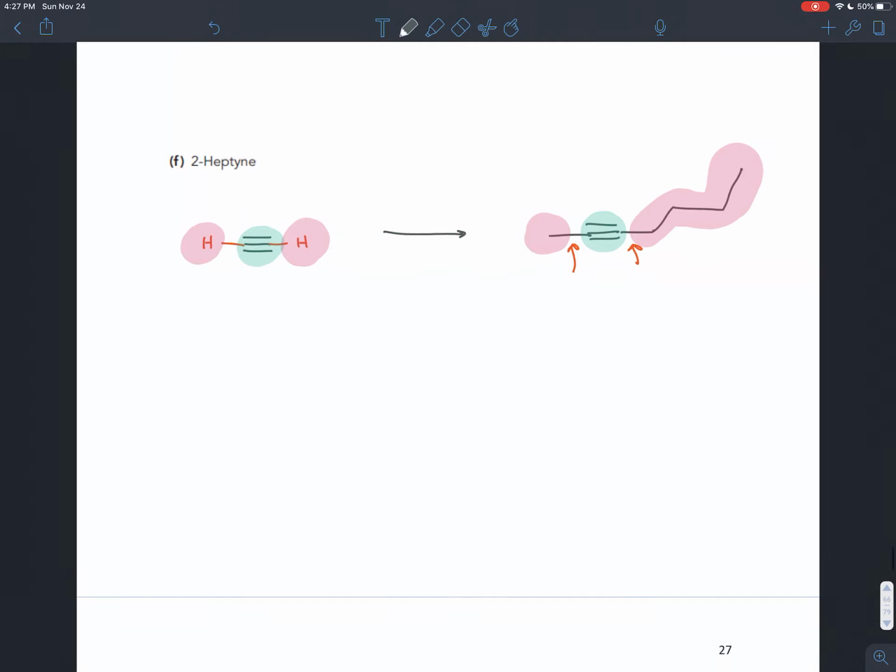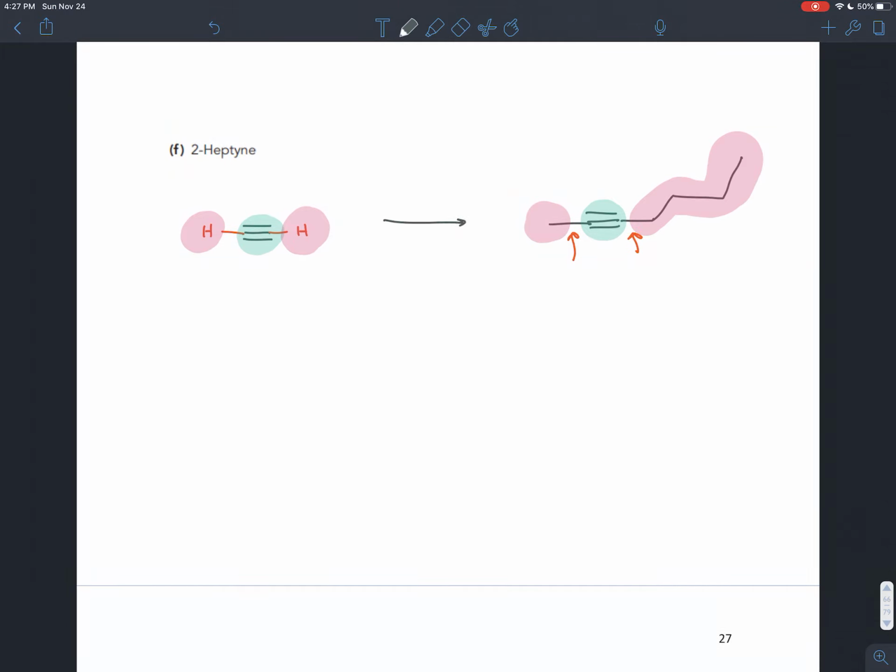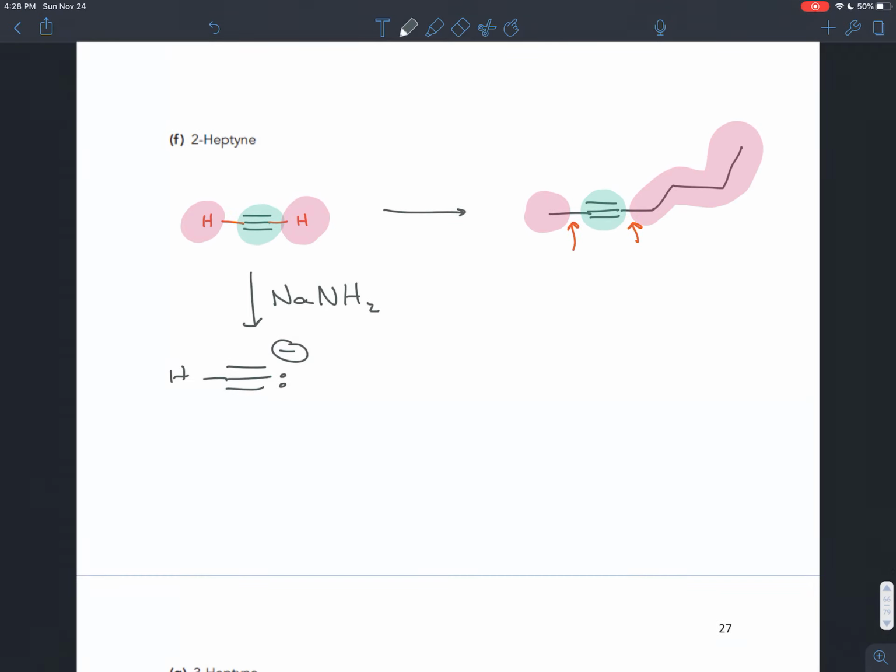Well, to make new carbon-to-carbon bonds, you use alkylation. First, treat your terminal alkyne with a strong base like sodium amide that rips the hydrogen off and turns the carbon that it was on into a nucleophile. Very special thing, carbon nucleophile. Once you have the carbon nucleophile, look at the carbon chain you want to add. Here we have 1, 2, 3, 4 carbons.